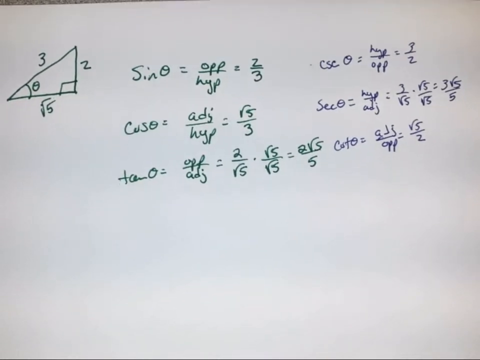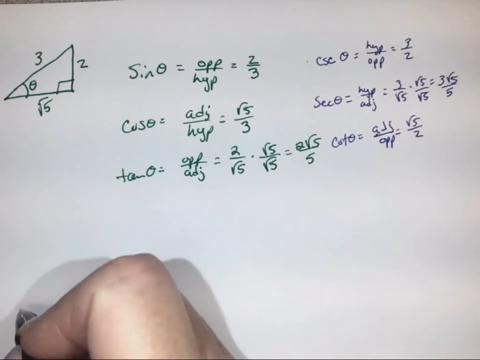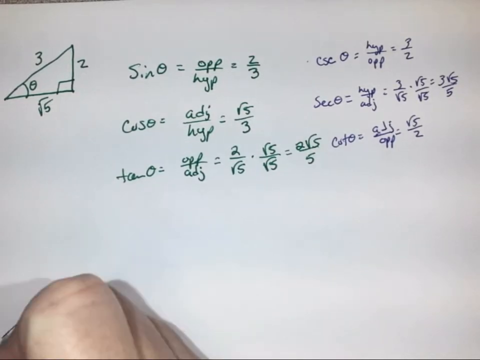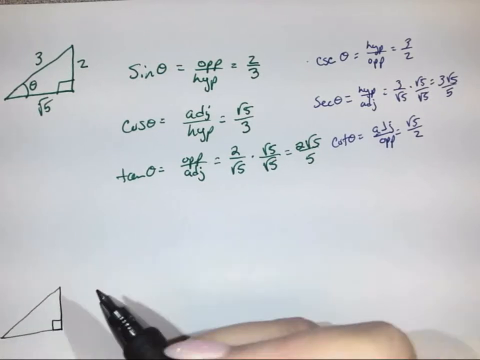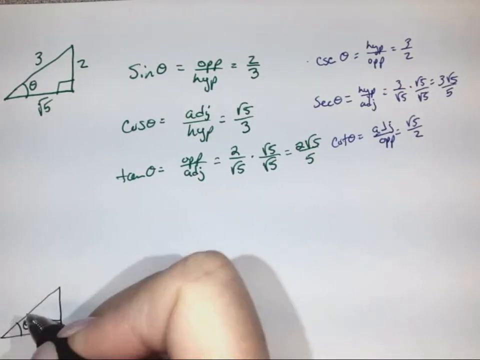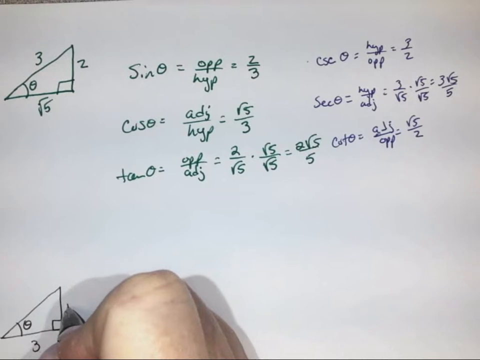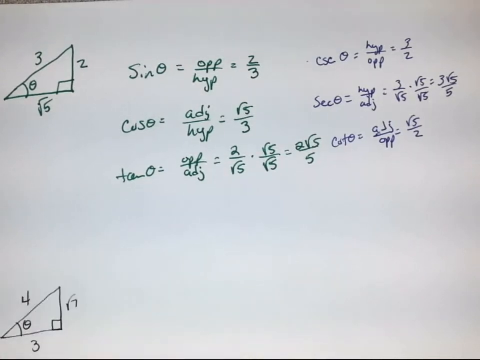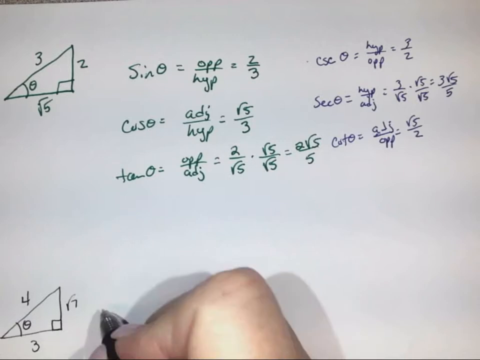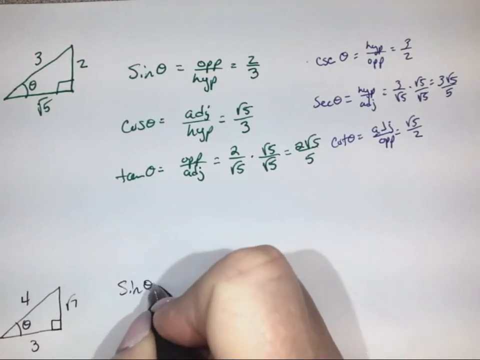All right, let's go do another one. So if we have another right triangle, and this is our theta again, and we have 3 square roots of 7 and 4. So again, we're going to find our sine theta.